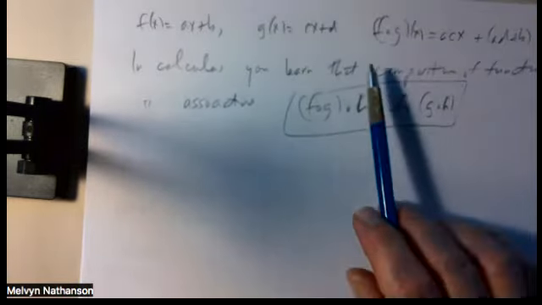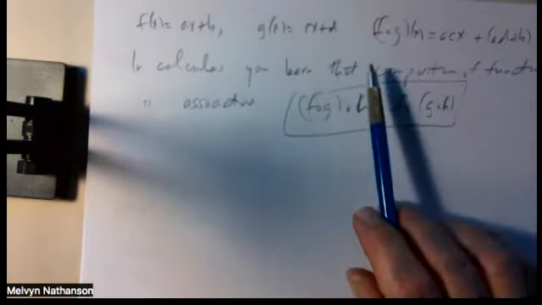And how do you find the inverse? So we know that f composed with g of x is acx plus ad plus b. And suppose we want g to be the inverse of f. So f composed with g, we want this to be the identity, e of x, which is x.